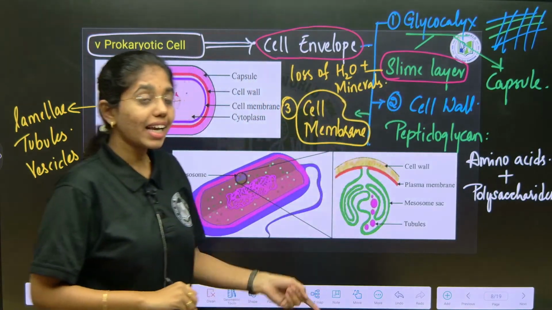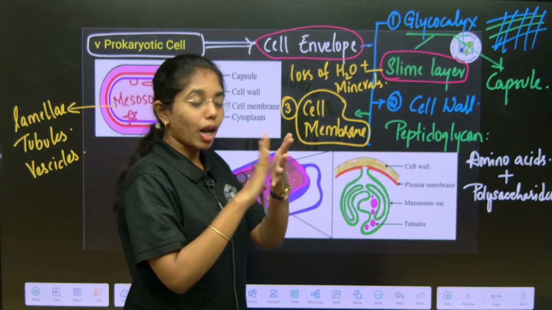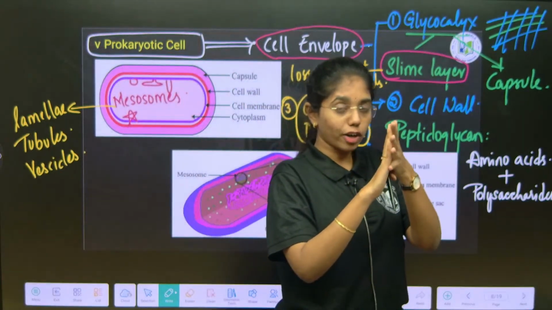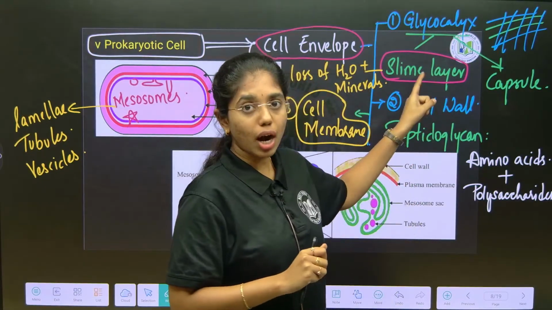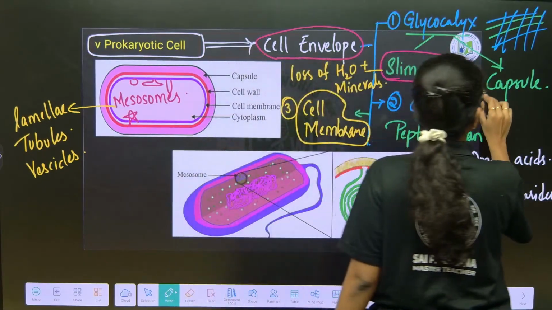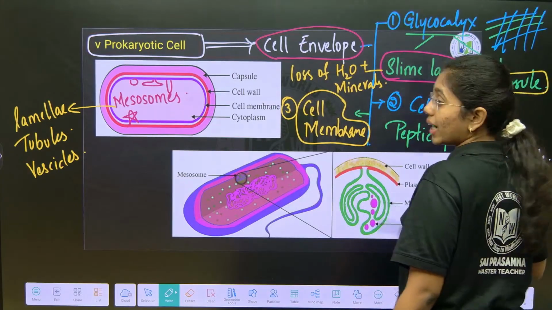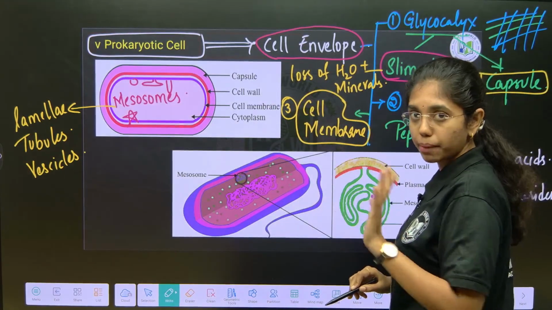Fine, right? Next, capsule. If the glycocalyx layer is tough and thickly arranged, it is called a capsule. What is the benefit that the bacteria will get if the outer layer is a capsule?